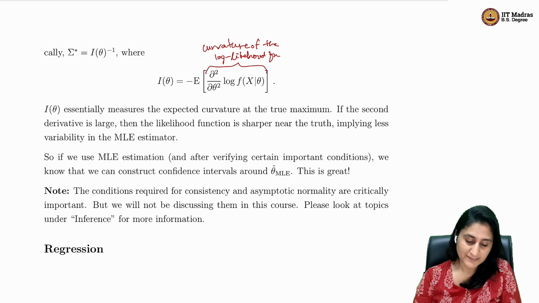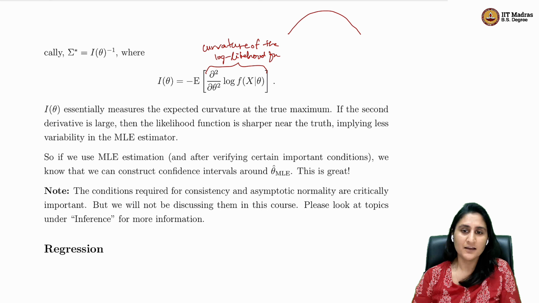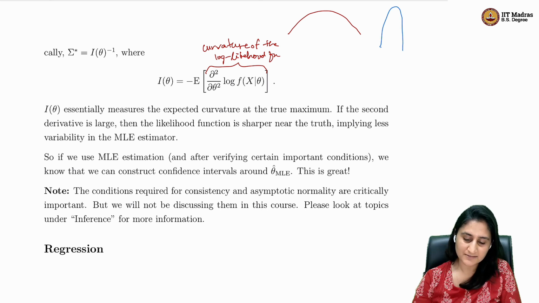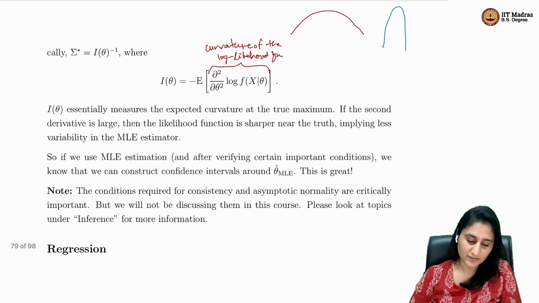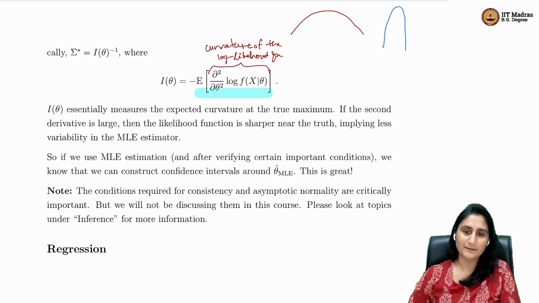For example, if the log likelihood function is like this, versus if the log likelihood function is like this. So this quantity over here measures exactly what the curvature is at this point. That's what I theta measures.